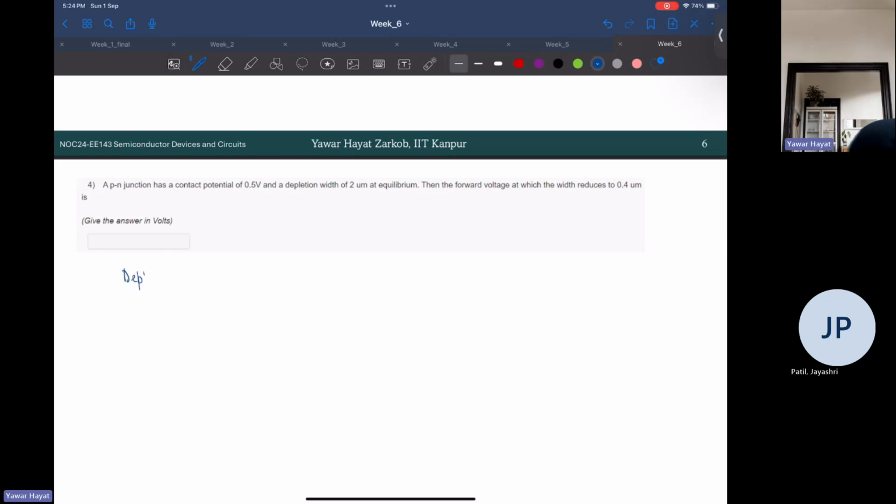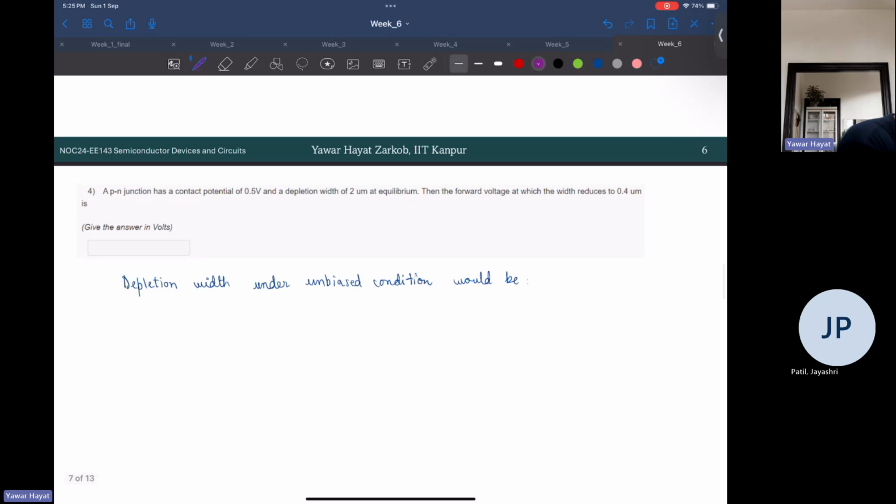So our depletion width under unbiased condition, when we don't apply any voltage, would be the following. Let me just write this right here.